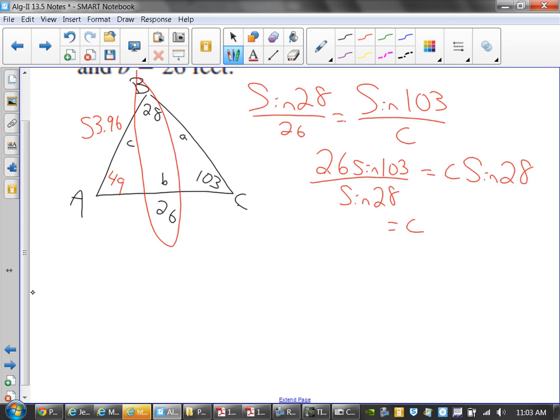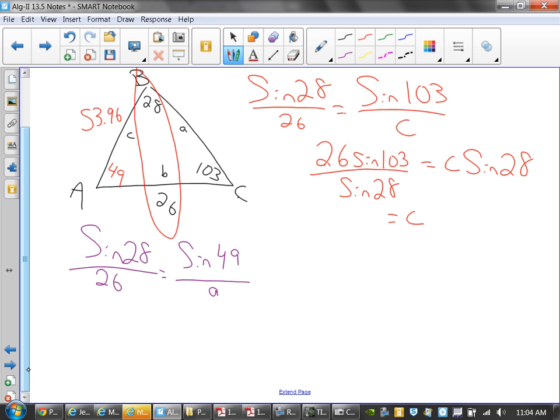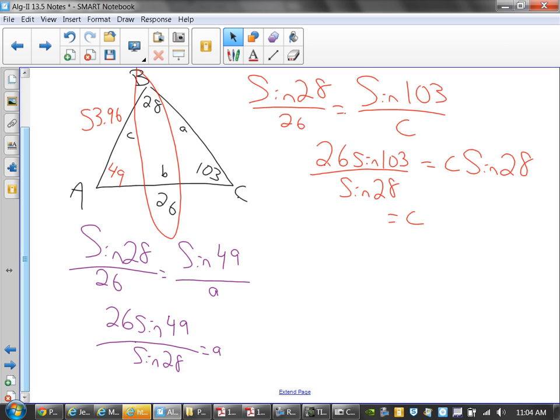And then basically do the exact same thing to solve for little a. Sine of 28 is to 26, as sine of 49 is to a. So just make sure, and then you just have to type it out.